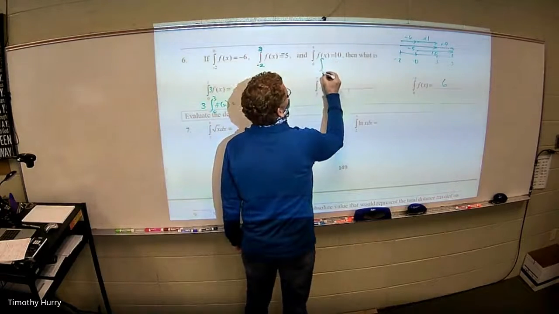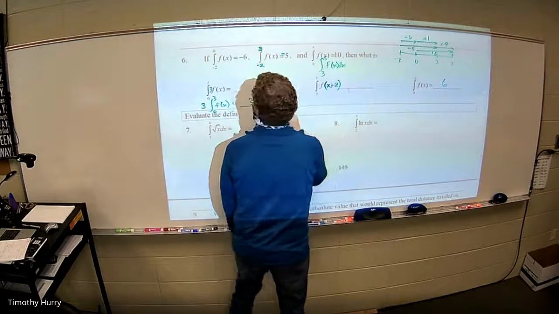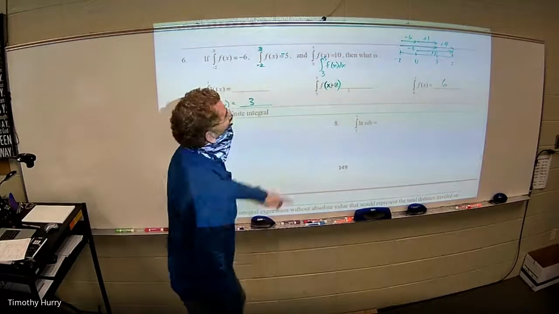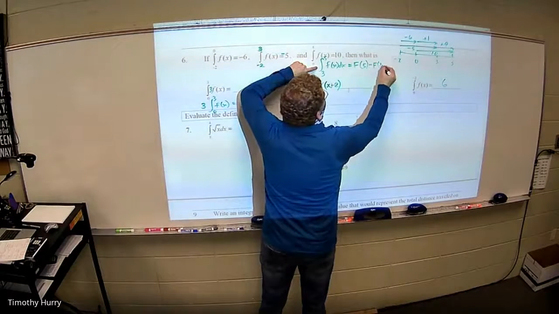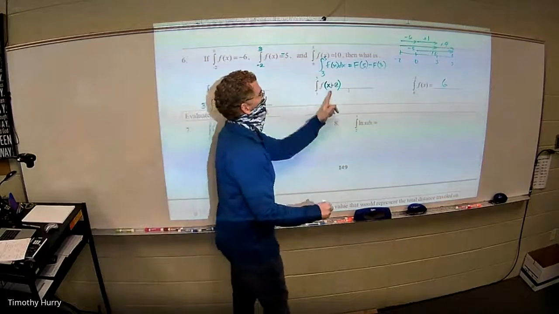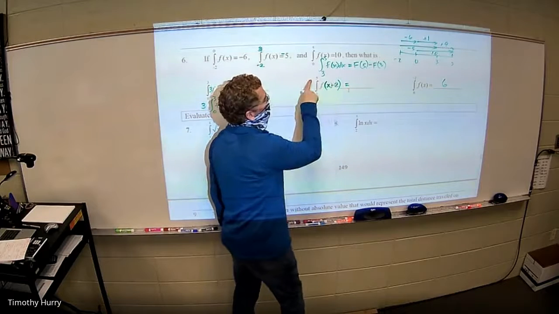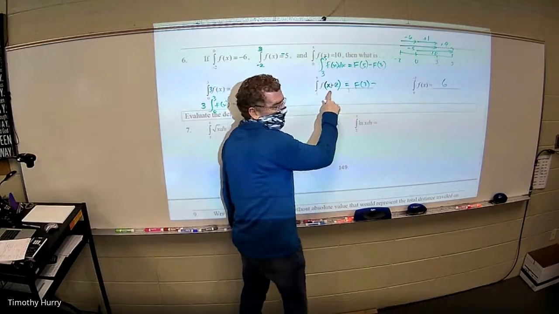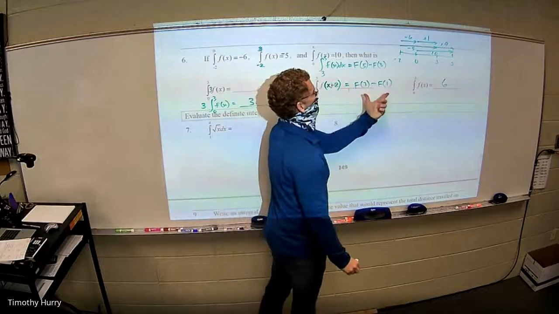If it was the integral from 3 to 5 of regular f of x, and I don't know why I don't have the dx's on here, that's my fault. Isn't this big F of 5 minus big F of 3? I don't know what the big F is, but isn't it what that is? What do I end up with here? Big F of 3 minus big F of 1. So what is this really the same as?